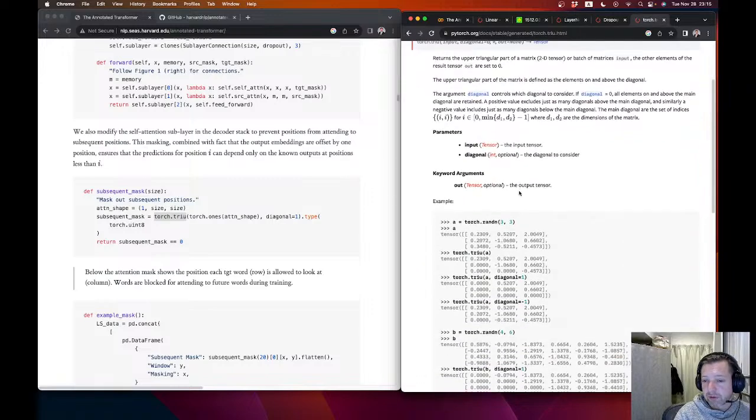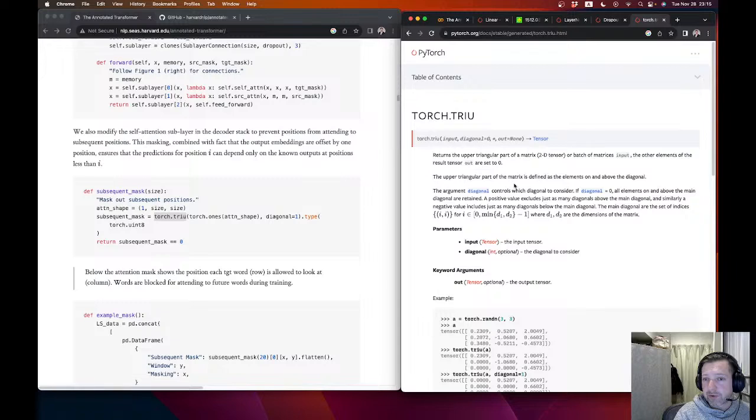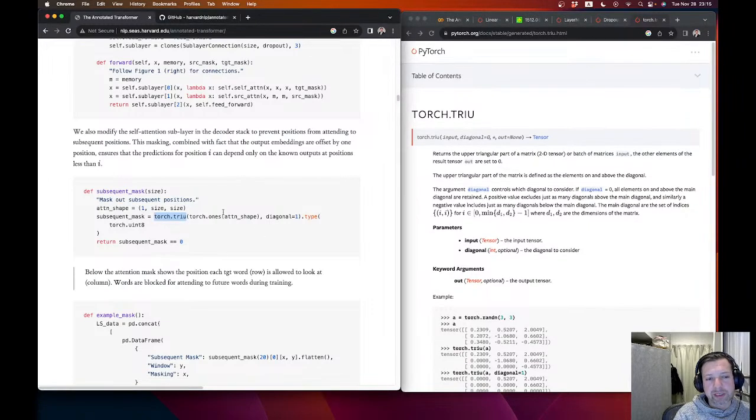Yeah, so upper triangular part of matrix. So everything is set to 0. I'm assuming the input that's going in is at that point already centered.